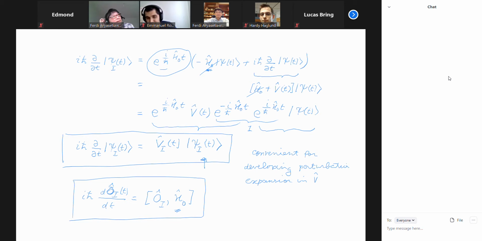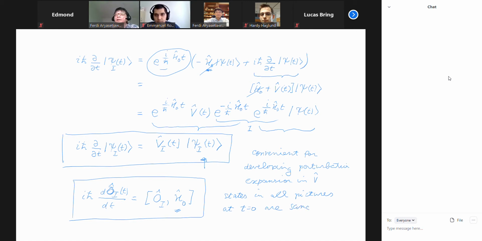One thing we should keep in mind is the convention. The convention is that states in all pictures, at t equal to 0, are the same.